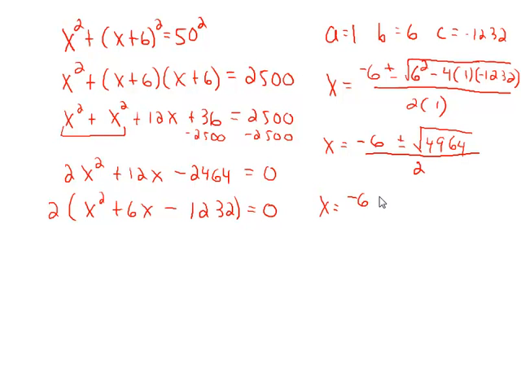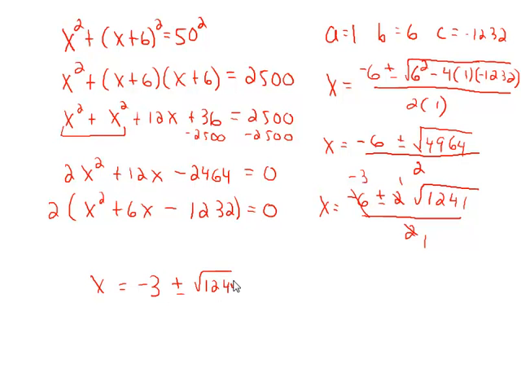So I have negative 6 plus or minus 2 times the square root of 1,241, all divided by 2. I can divide out a common factor of 2 to simplify this a little bit. And so my solutions are of the form x equals negative 3 plus or minus the square root of 1,241.